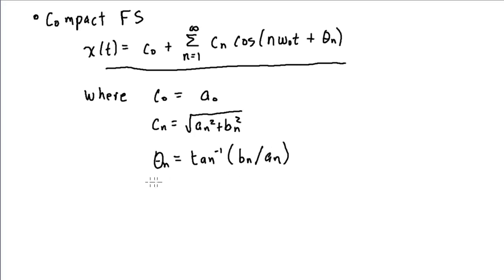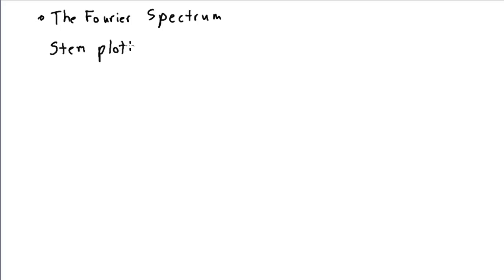Okay. This form of the Fourier series leads to the concept of the Fourier spectrum. The Fourier spectra are stem plots of the Cn, plotting the Cn as a function of frequency. These are known as the magnitude spectrum.